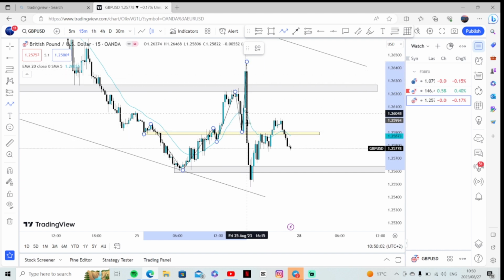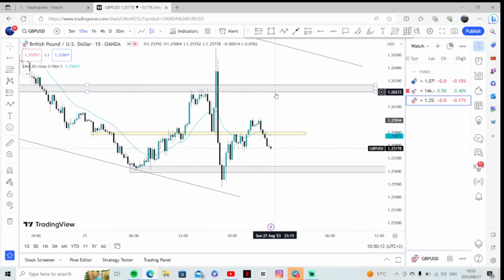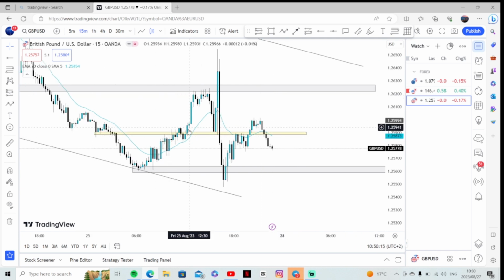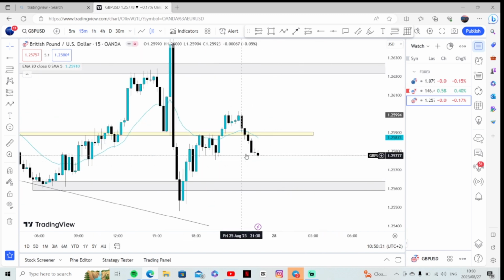Then it came back, broke through, used it as resistance, broke through, came back again and broke through. So this makes it a valid zone for me because it has many touches, 1, 2, 3, and 4, which makes it a valid zone.